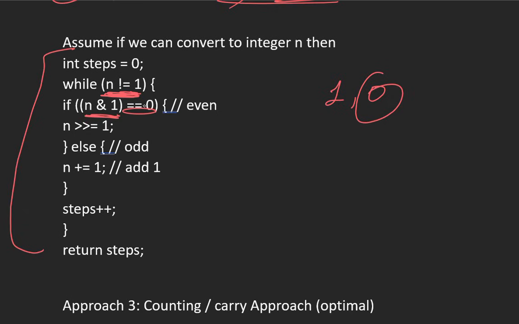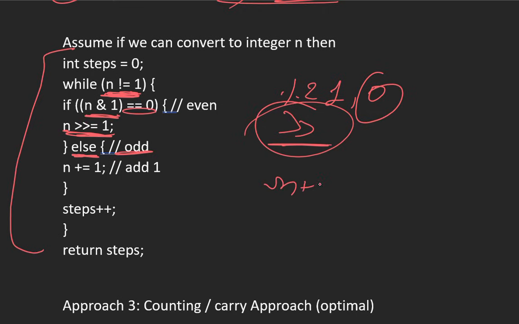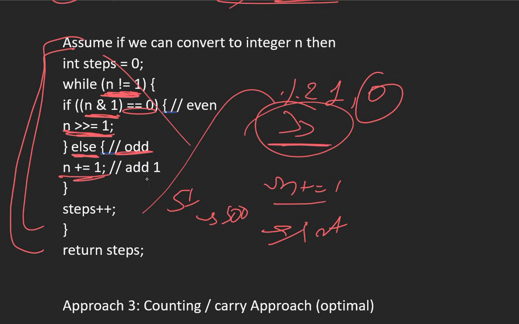If the last bit is even, then we have to divide by 2. Divide by 2 means right shift, so we are right shifting by one bit. And if it is odd, then we just add 1. So this will be easier, right? But we can't convert the string of length 500 to integer, so this approach is not possible.